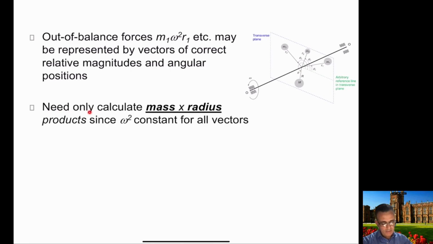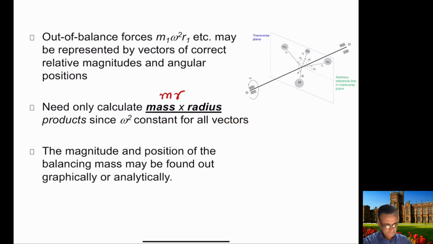This is also a very important point: you only need mass times radius, so you need only the mr value. You don't need omega, since omega square is constant for all the vectors. The magnitude and position of the balancing mass may be found graphically or analytically.